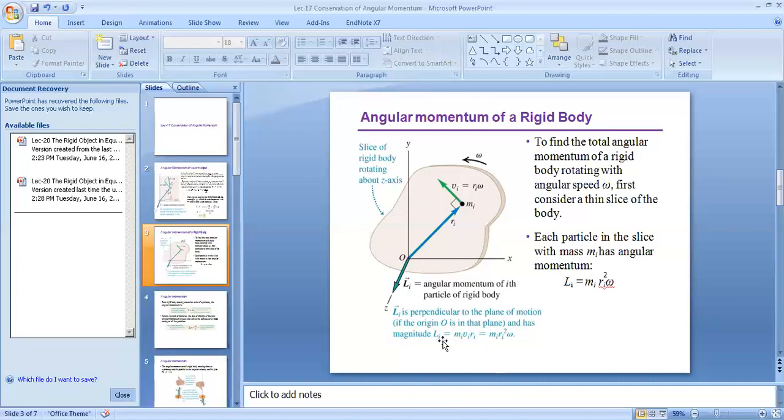Here we can see Li is equal to mi vi ri, equal to mi ri square omega, and the same magnitude of the angular momentum for this ith particle taken on the body of the rigid object is being expressed as mi ri square omega.